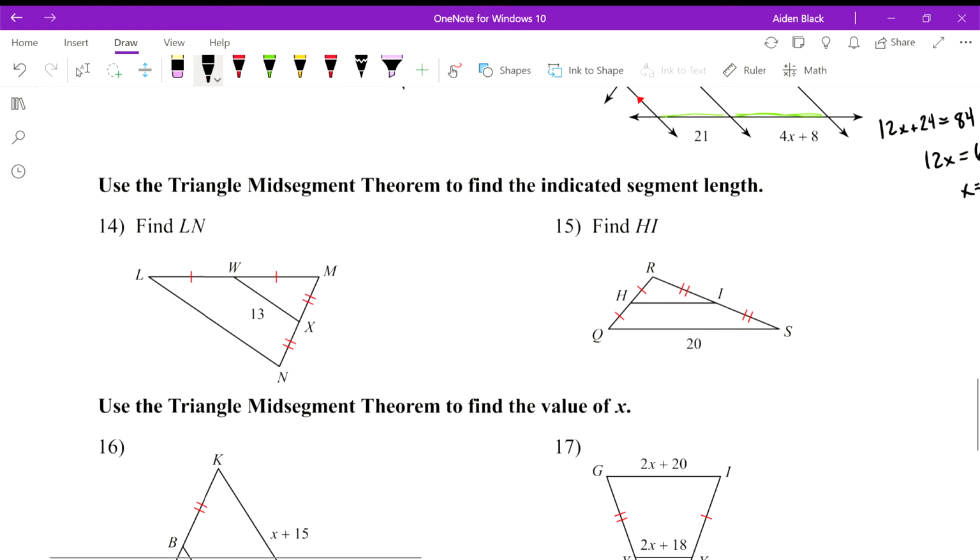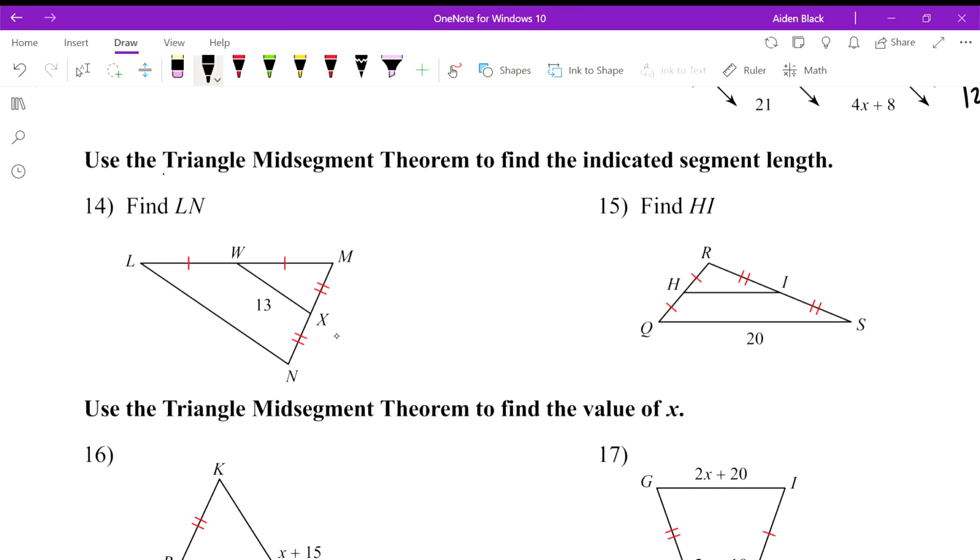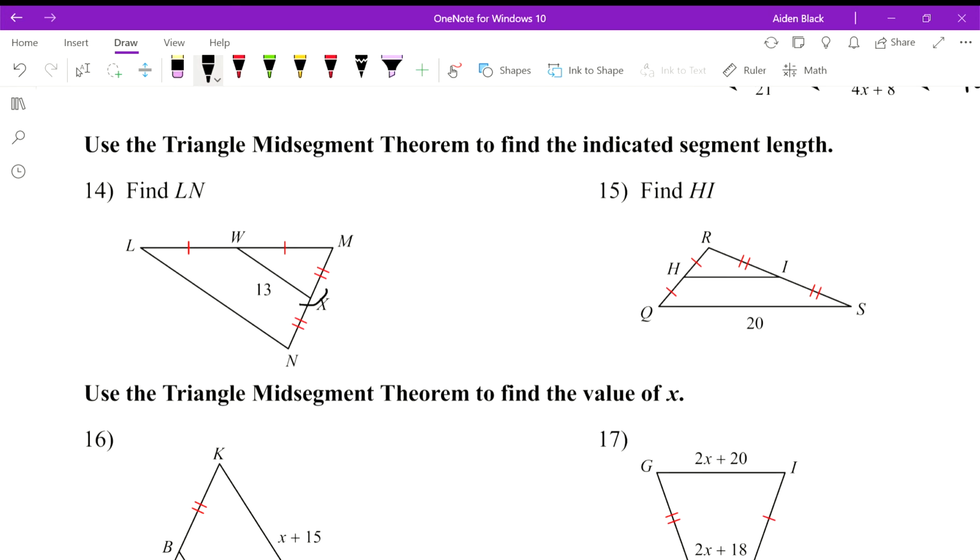Okay, this one. Triangle mid-segment. What do we know about the mid-segment? We know that it breaks this big line right here, LN, in half, to make WX. That's one way of thinking of it.